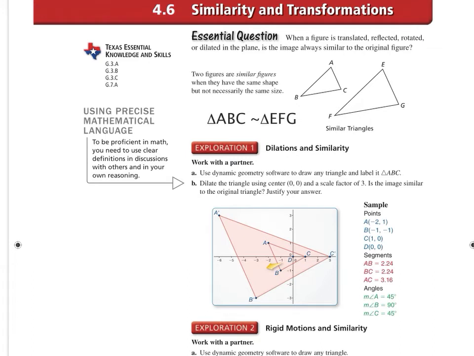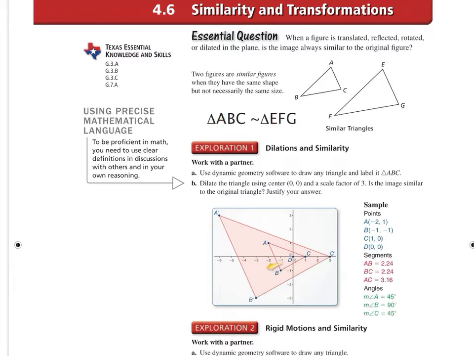Okay, so now we see here a similarity statement. In previous sections, we saw congruence statements. So when you're dealing with similarity, it's a new symbol. You take away the equal sign, and you just do the squiggly. So you have triangle ABC is similar to triangle EFG. And again, order of letters matters. So vertex A will correspond to vertex E. Vertex B corresponds to vertex F. Vertex C corresponds to vertex G, which means corresponding angles are congruent.